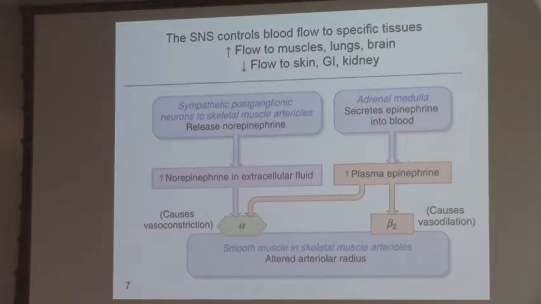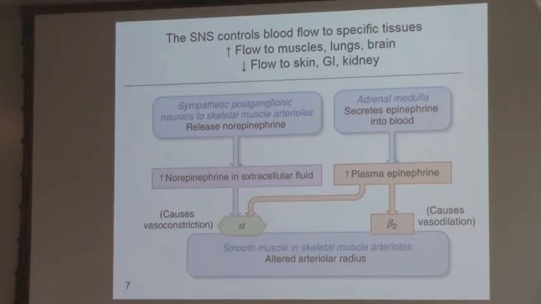Activation of beta, a subtype beta 2, just to be clear, but I'm not going to ask you to know that, causes vasodilation. So we can vasodilate or we can vasoconstrict, depending on which receptor is activated.